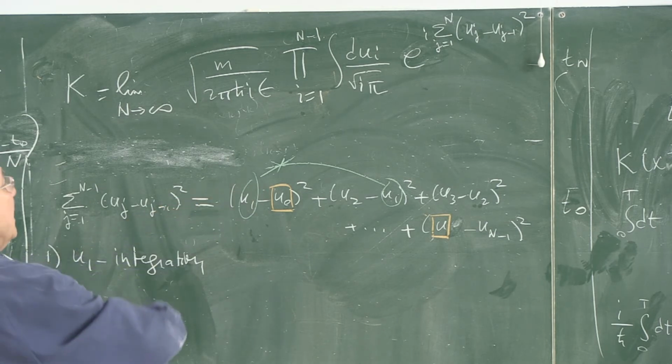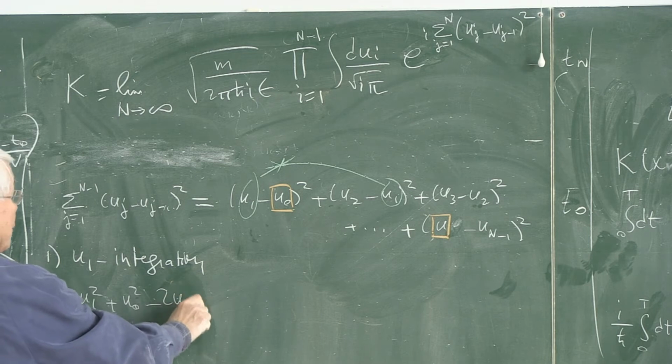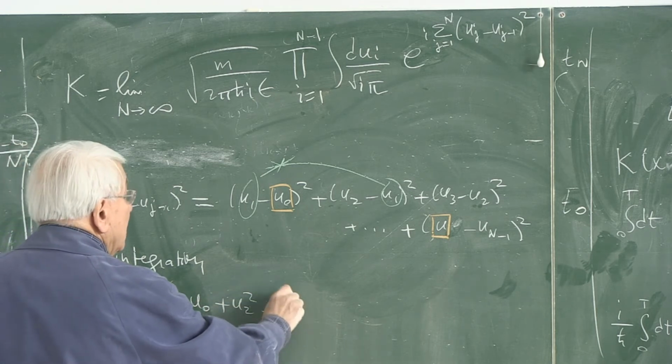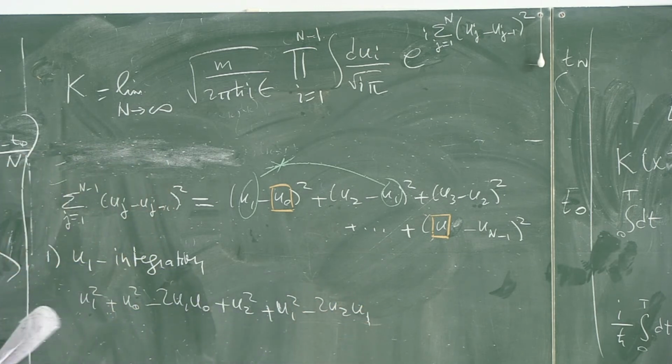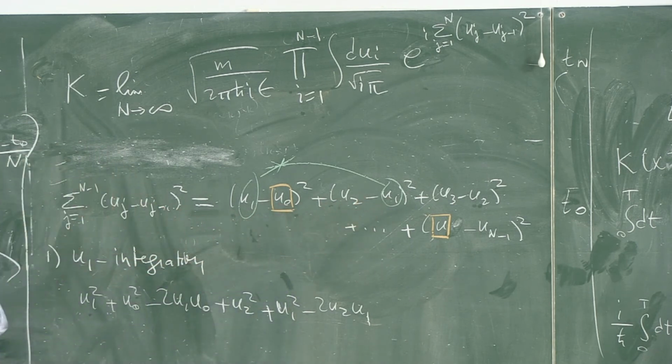What are the terms that I have? I have u1 squared plus u0 squared minus 2 u1 u0 plus u2 squared plus u1 squared minus 2 u2 u1. These are the terms which I have from these two. Only these two involve u1, all the rest not. It looks a bit discouraging, right?